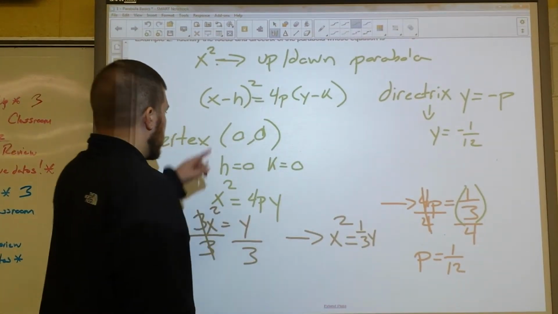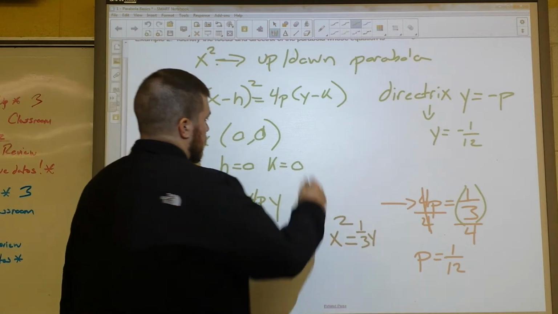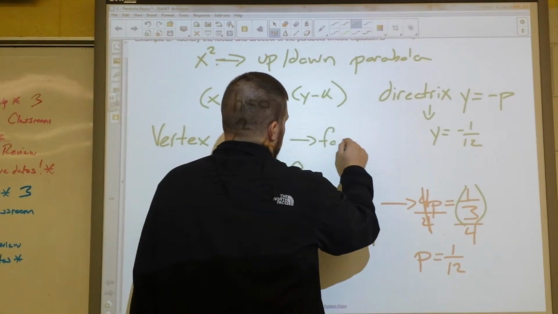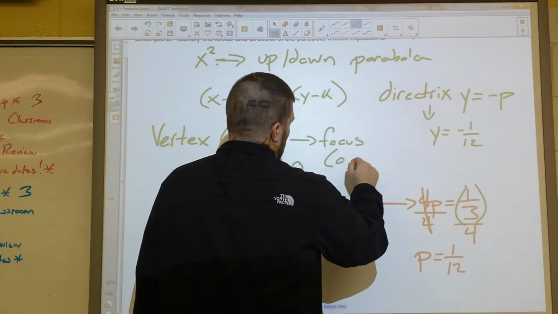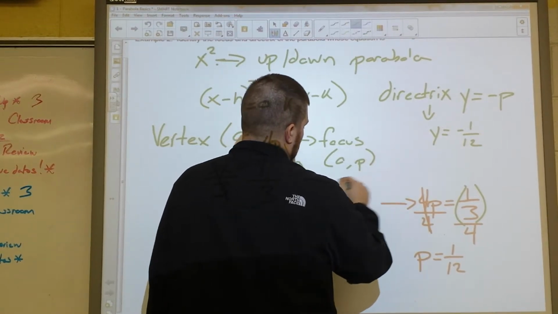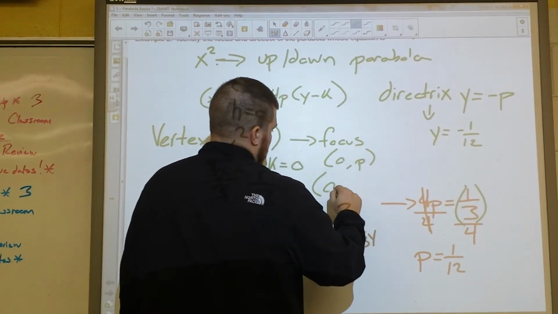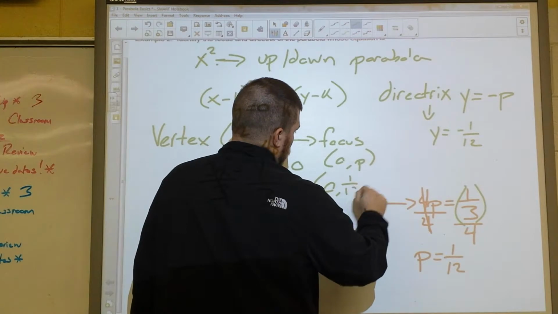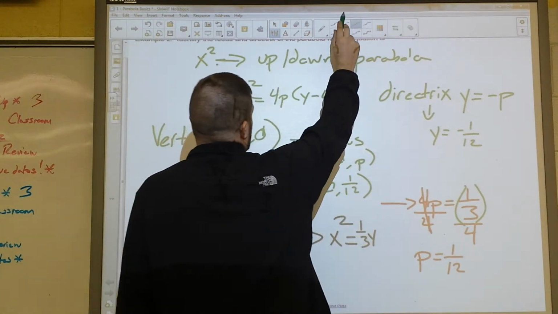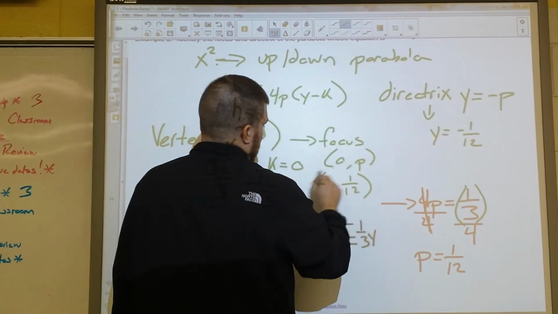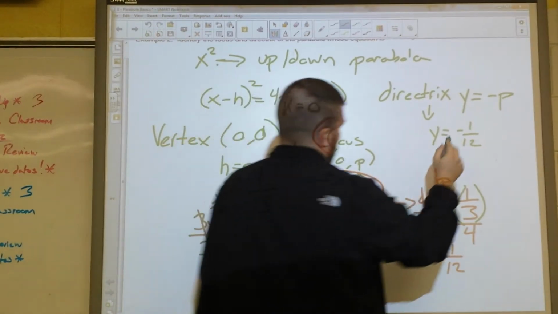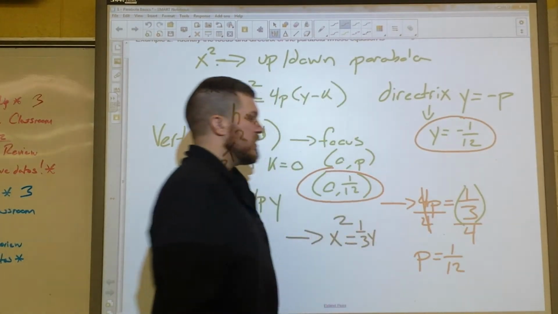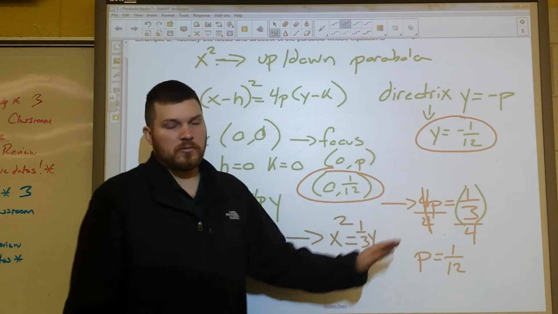I also know that since the vertex is at 0, 0, then the focus is at 0, p. So that means for this particular problem, the focus is at 0, 1/12. So we've done everything that the problem has asked us to do. We were asked to identify the focus, we were asked to identify the directrix, and we did that because we first were able to figure out what p is.